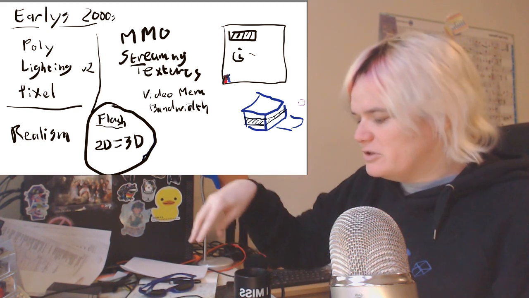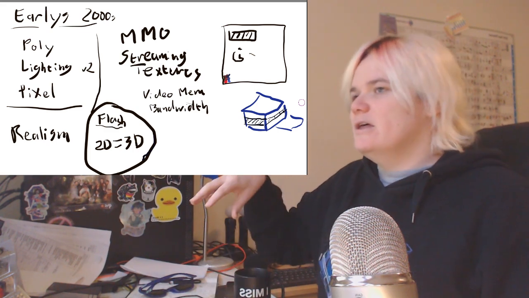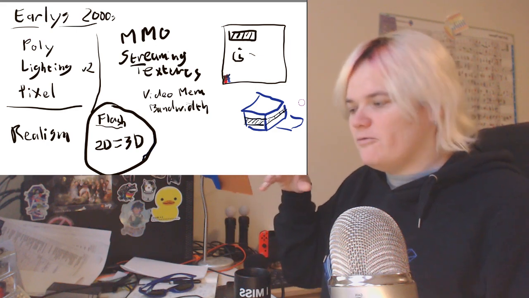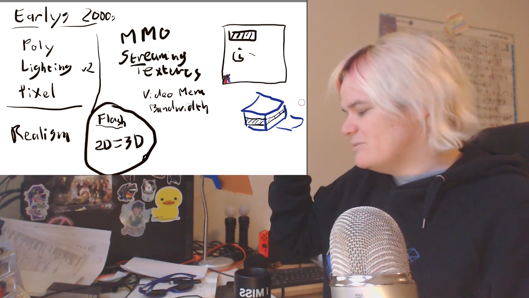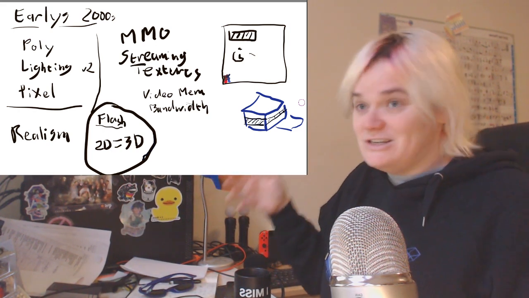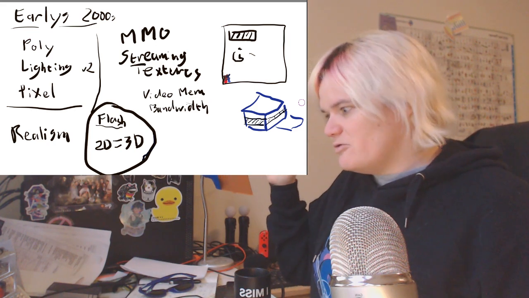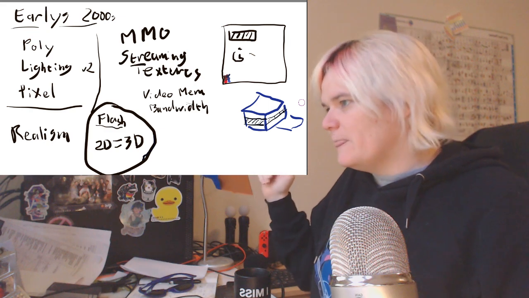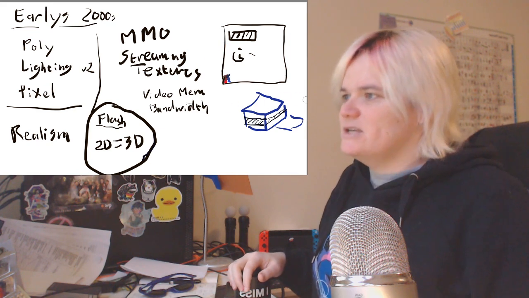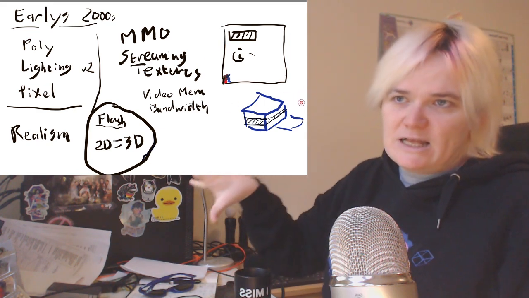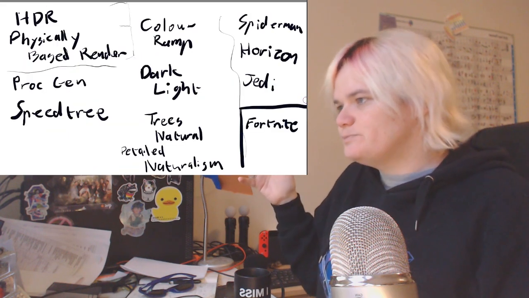When the switch from UE 3.5 to UE4 was happening, the team inside Epic were using Fortnite as the game to push forward. It was really early, before it was even open sourced as an engine. Some of the original documentation was literally just screenshots and GIFs from their Fortnite game that was in development at the time. Because remember, it wasn't a battle royale when it started. It came very much from this decade of MMOs and streaming textures and reusing. That's where its art style comes from. And so it's still very much in this legacy of decal texture design.